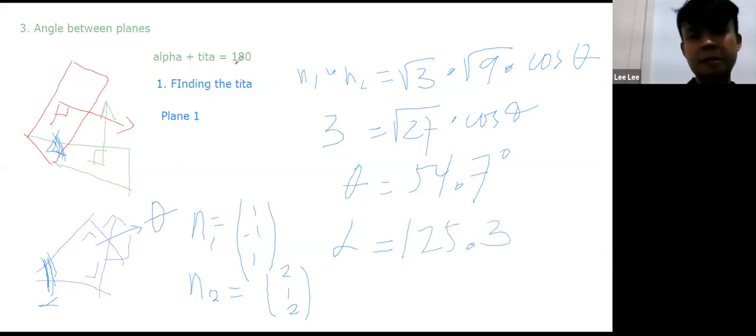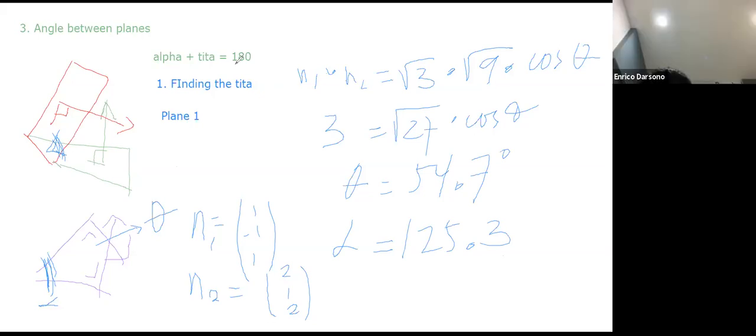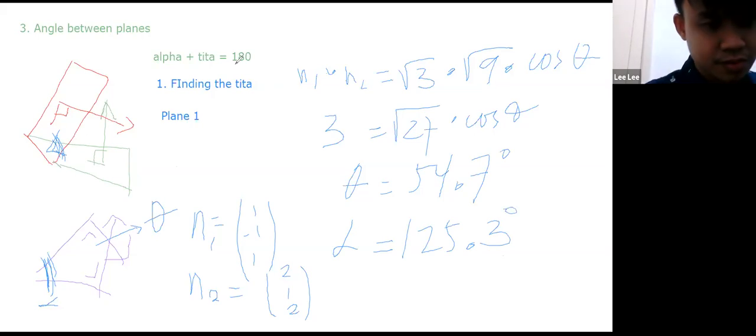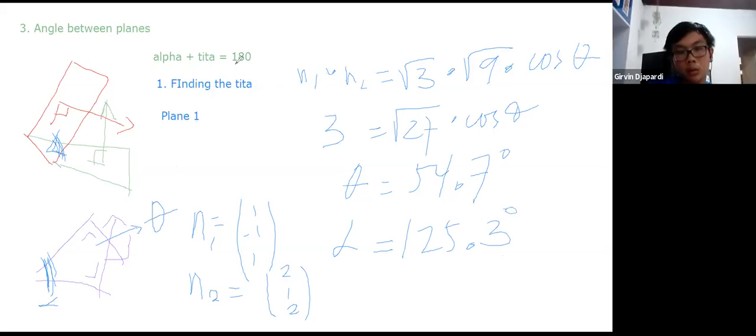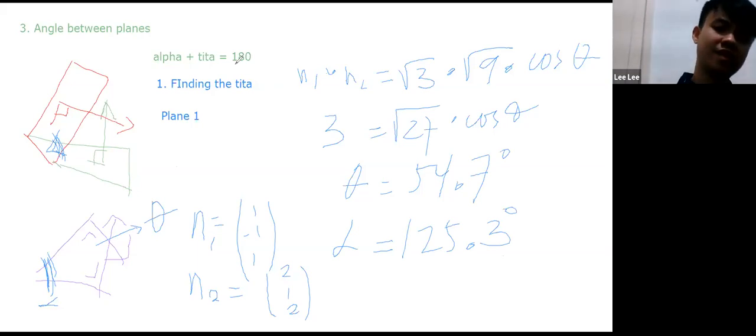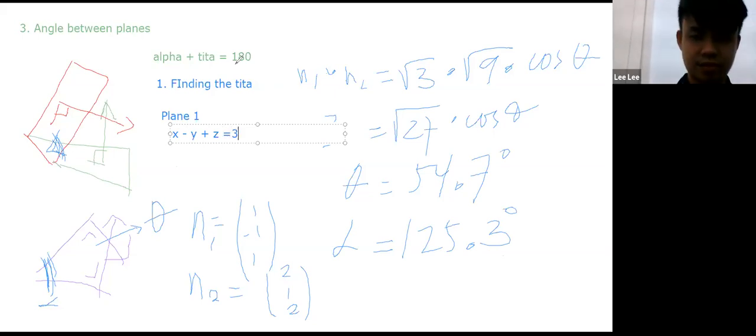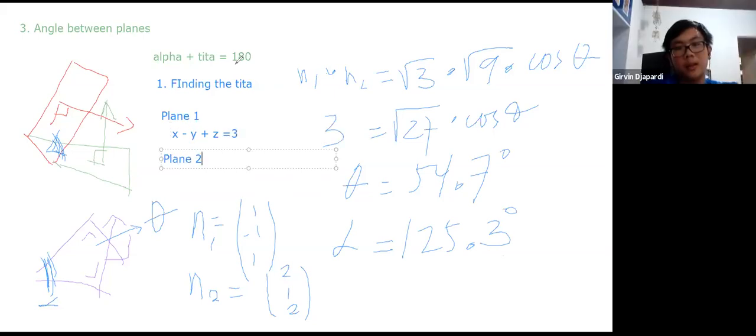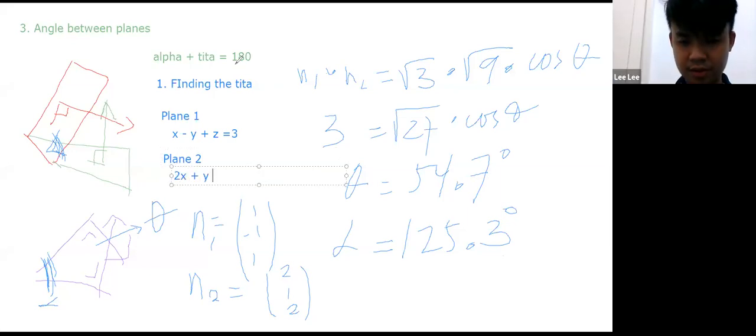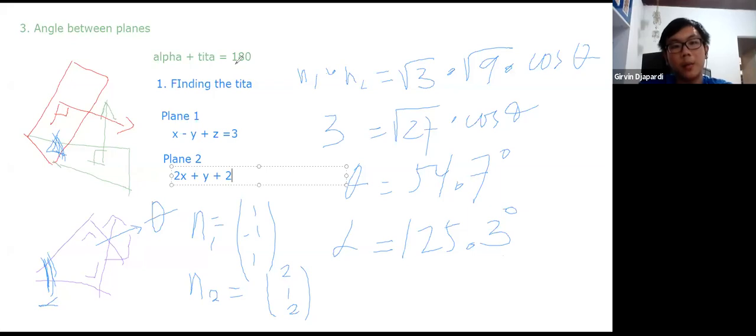Do you have any questions until here? No, sir. But how do you know n1 is 1, negative 1, 1? Just now the question told you what the equation of plane 1 is. The plane 1 and n1 have the same components, the 1, negative 1, like x minus y plus z, right?